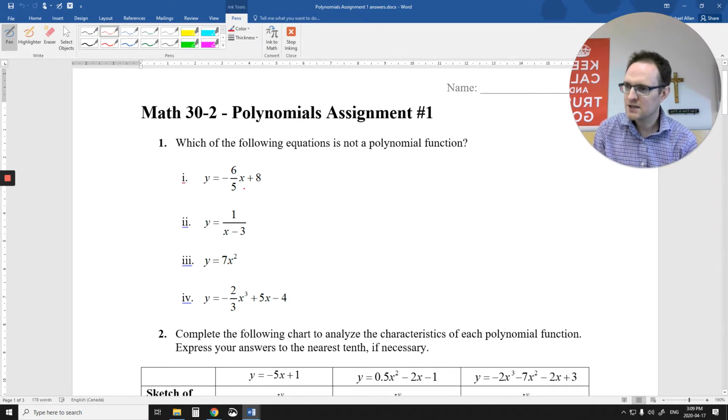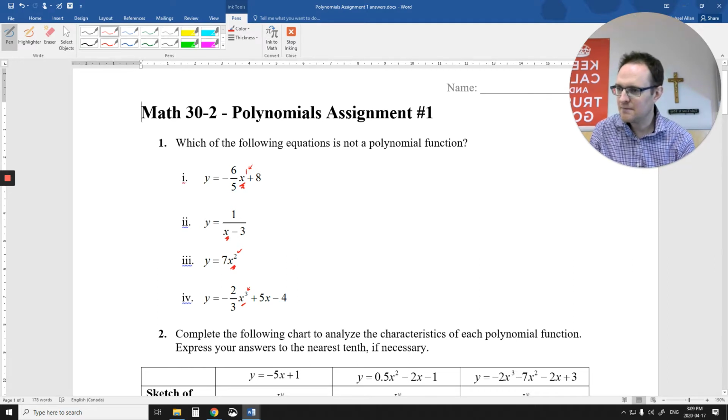So I'm looking through this, I'm looking at certain pieces. So we're looking at just the x's here, where they are and what kind of exponent they have, all right? If you don't see an exponent, you assume it to be a 1, so that's okay.